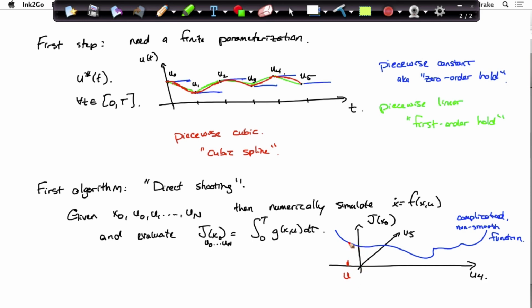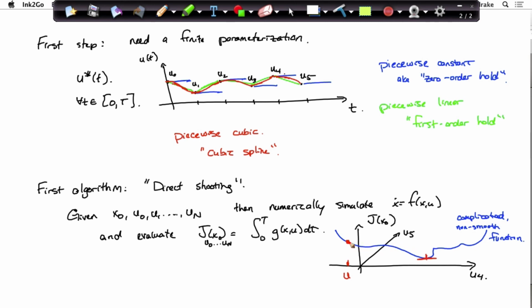By simulating, I'm evaluating the function J of x0 for some particular nominal value of u. Okay? And what I'd like to do is somehow take that evaluation and move down and try to find a minima, a local minima. Right? Have an algorithm that walks down here.